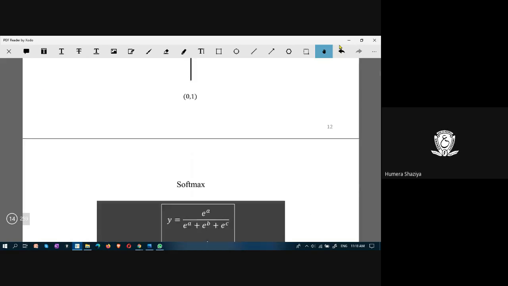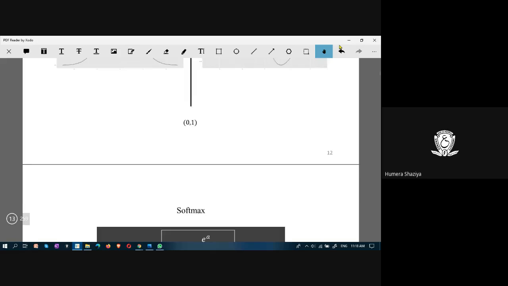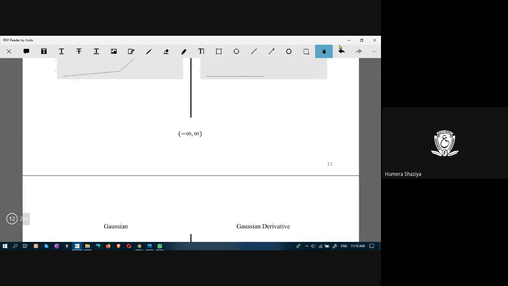Next we will look at the detailed application of activation functions in RNN.